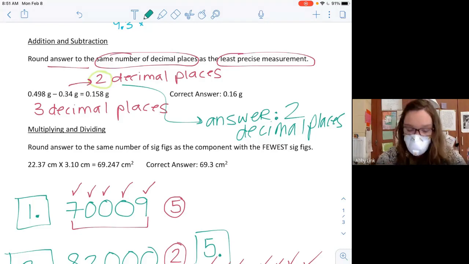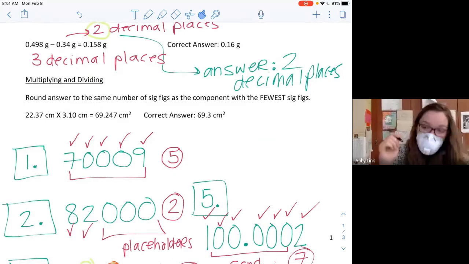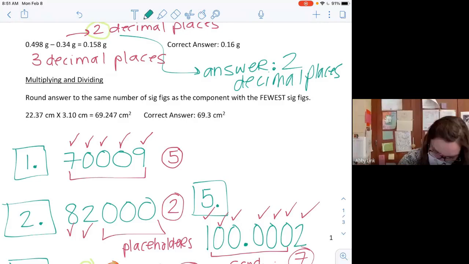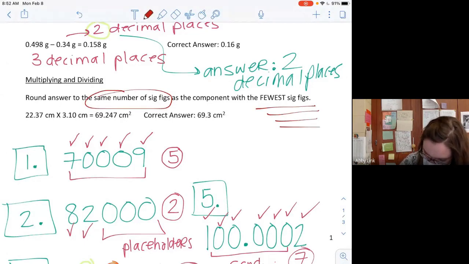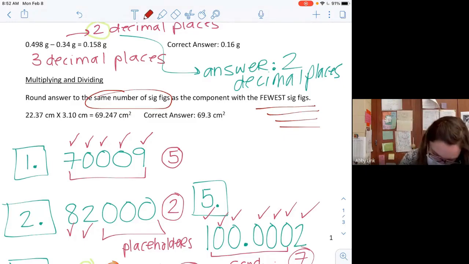So let's jump into our multiplication and division rule. The multiplication and division rule has sig figs in it, so it's going to connect a little easier here. Basically, you are going to round your answer to the same number of sig figs as the component with the fewest sig figs. Let's look at our numbers. We've got 22.37.